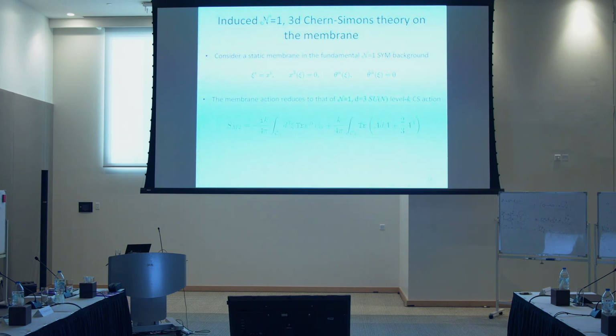Then one can easily show that the membrane action just reduces to the N=1 three-dimensional super Yang-Mills of level k, where the psi's here are real components of the chiral spinor, the chiral component of lambda 1.